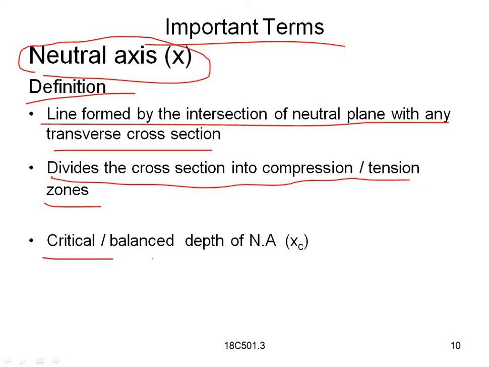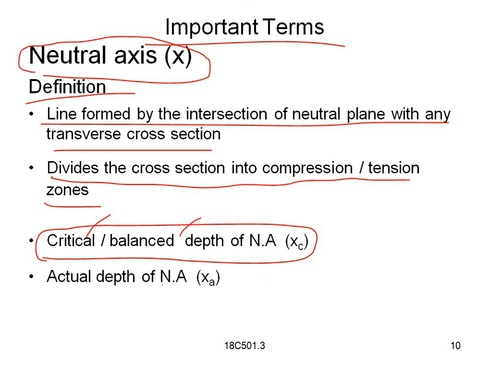The critical or balanced depth of neutral axis is denoted as Xc. That's why we call it the critical or balanced depth. And the actual depth of neutral axis is denoted as Xa. So this is the actual depth of the neutral axis.